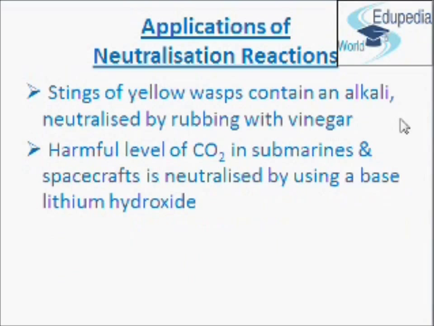The another application is the stings of yellow wasps contain an alkali which is neutralized by rubbing with vinegar, or we can say that vinegar is nothing but a dilute solution of acetic acid.